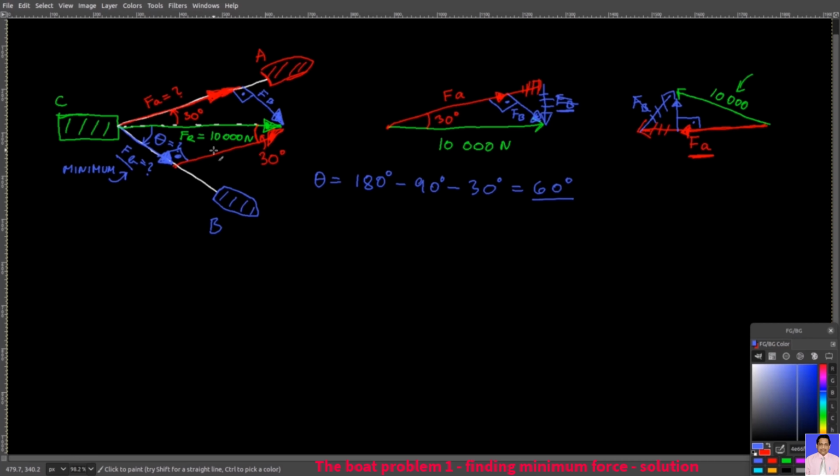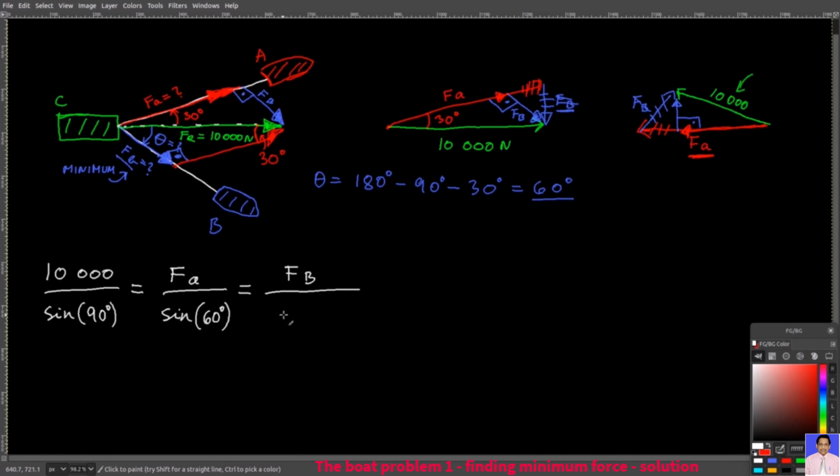And now, in order to find FA and FB, in order to find their magnitudes, again, you can use the sine law. You have 10,000 newtons, the green one, divided by sine 90 degrees, equals FA divided by sine 60 degrees, 60 degrees is theta, equals FB divided by sine 30 degrees.